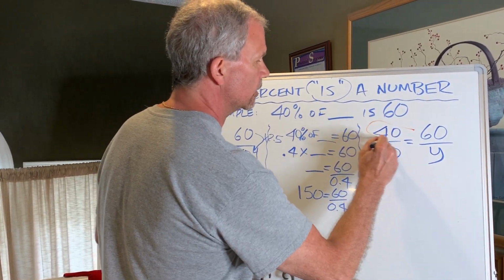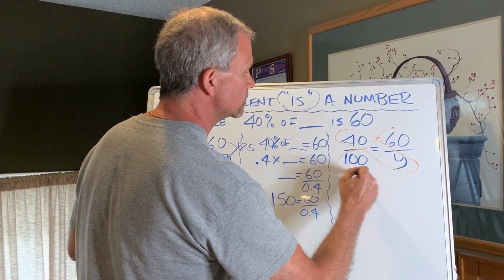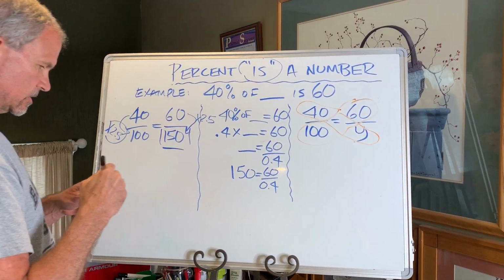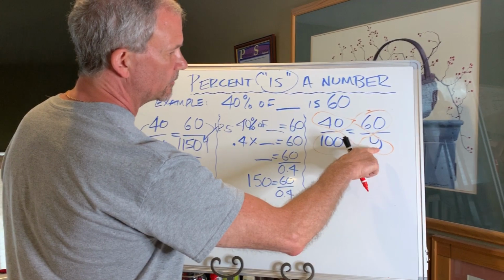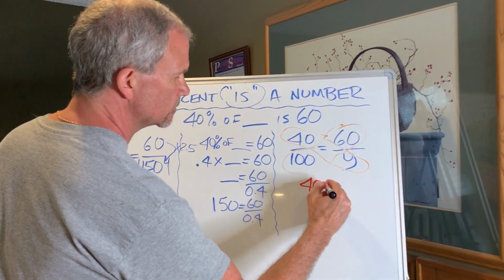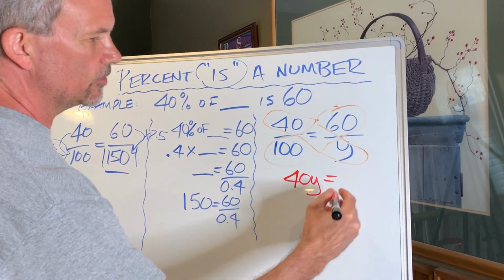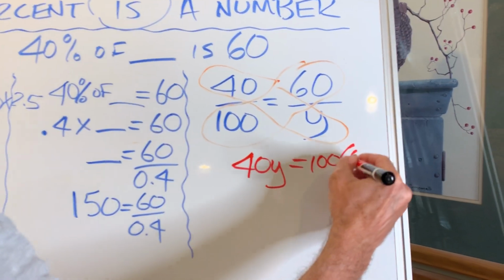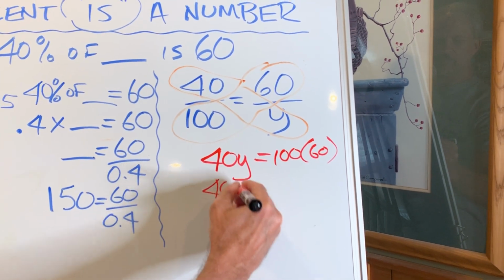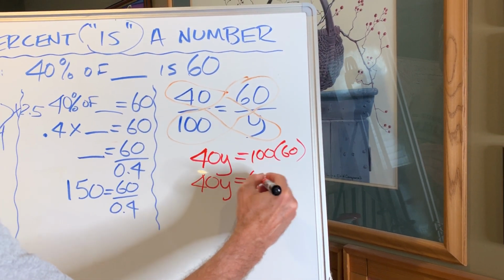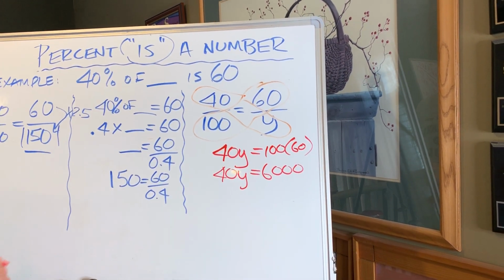So, make our little cross. That orange isn't working real well, so I'll change colors, go to red maybe. 40 times y is equal to 100 times 60. Okay, so 40 times y is equal to 6,000, right?